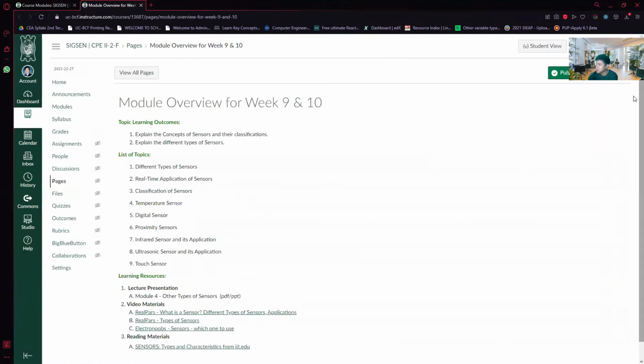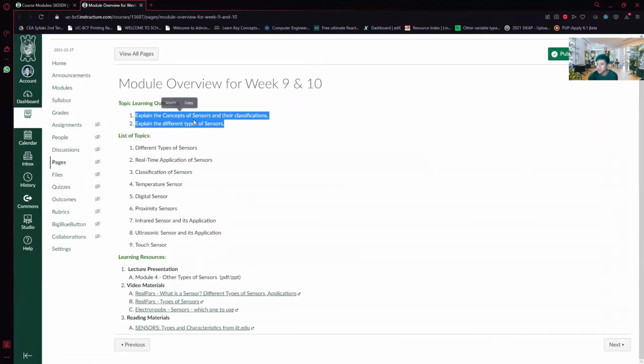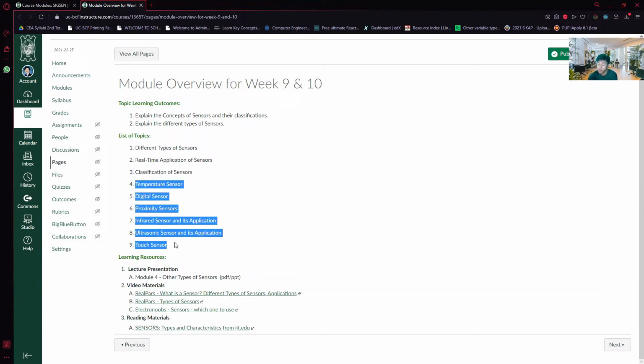Anyway, I'll just show you the module overview: the concepts and classifications, and the list of topics. Again, we have the different types, classifications, what is real time, and the different kinds, or the most common types, of sensors. Again, one module, three external links, and one PDF.